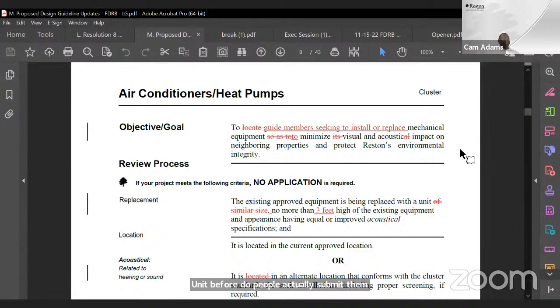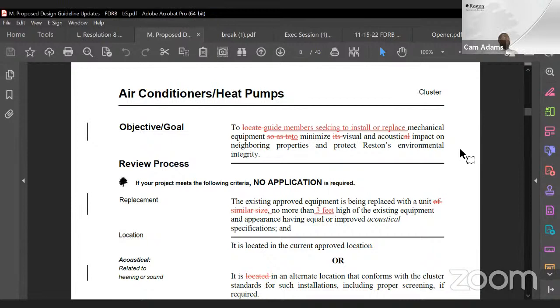So sometimes, yes. Sometimes no. But when it does come to the DRB, I'll use, if some of you remember Villa Ridge, in which the unit owner replaced their unit, and it was a much larger unit. It was close to the affected party's window. It was taller.